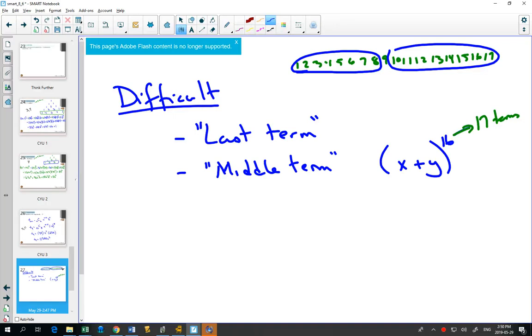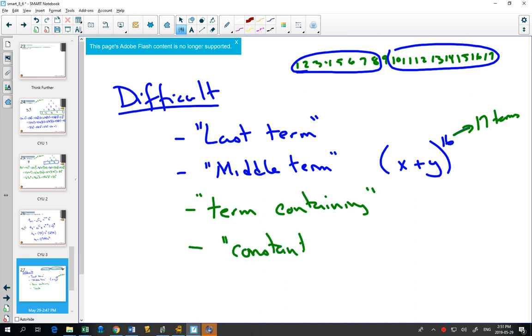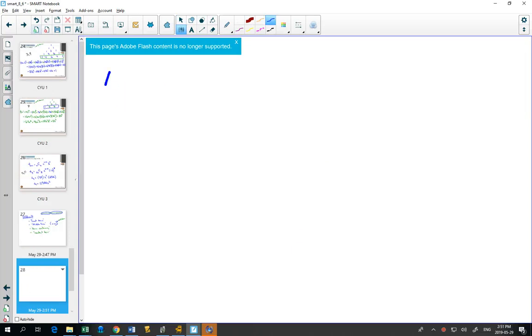So the middle term can be a little bit more difficult. But the ones that we are going to look at right now are questions that have either the term containing x to some power, or probably the most difficult, finding the constant term. So we're going to do a couple of these questions just to see what we're looking at. So here we can call this example 4.